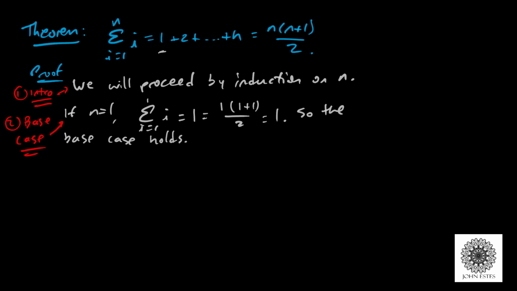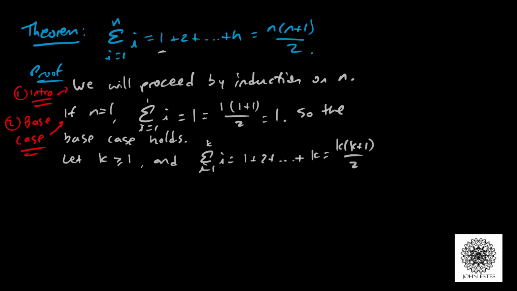Now the next thing we need to do is set up that if-then condition of induction, which said if the kth iteration is true, that implies something about the (k+1)th iteration. So hypothetically, let's let the kth domino fall down for some general k. The way you could say that is, let k be greater than or equal to 1, and the summation going from 1 to k, which is 1 plus 2 all out to k, satisfies my formula, which would be k(k+1) over 2.